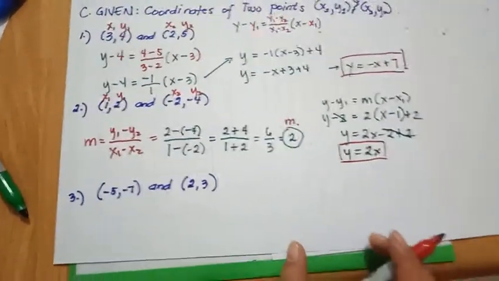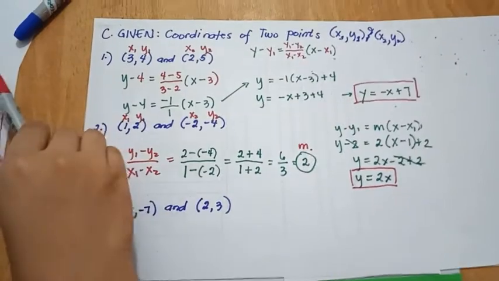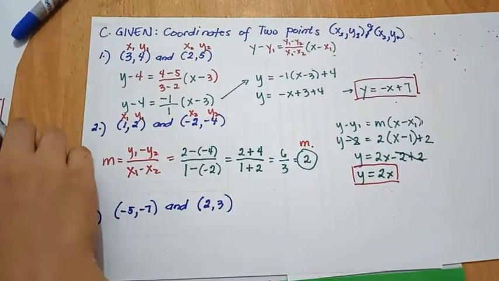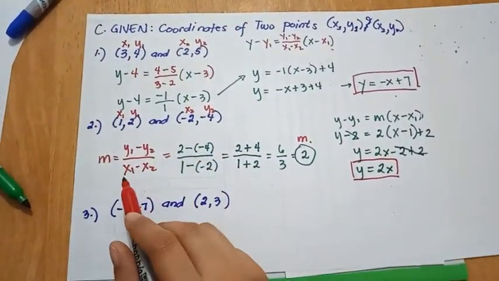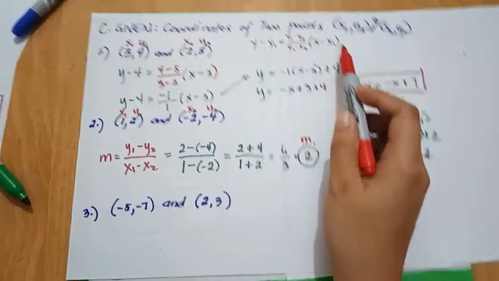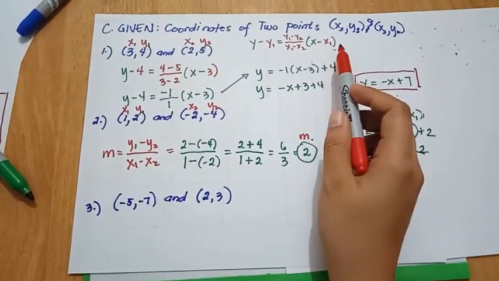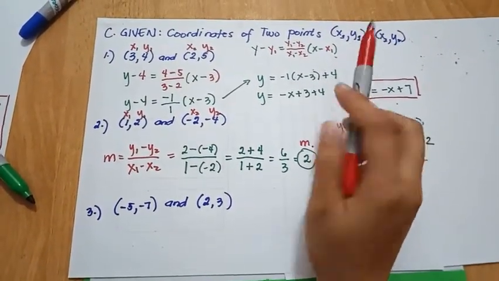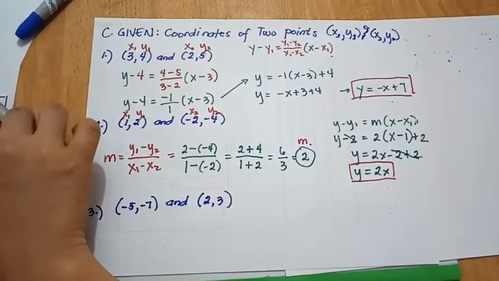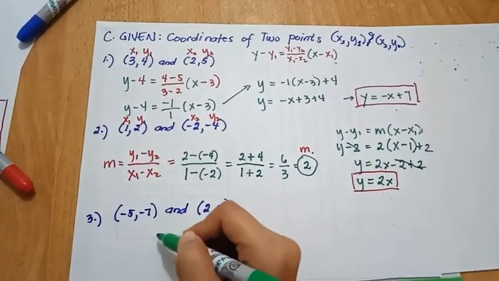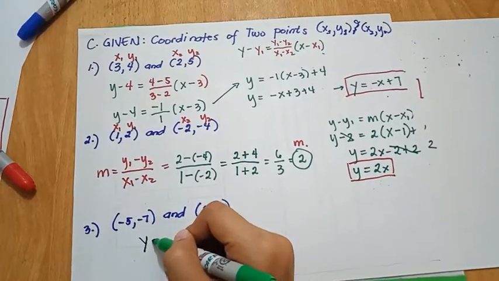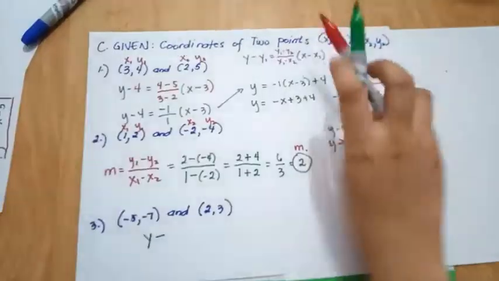Okay? And for our last given, again, we may solve separately for the slope. We may substitute directly to the given formula. So if we use the given formula, again, we will have y minus our y sub 1.